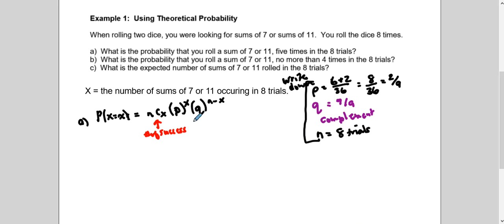The other part of it should look like the independent probability. This is the probability of success. And this part here, that's the probability of failures.